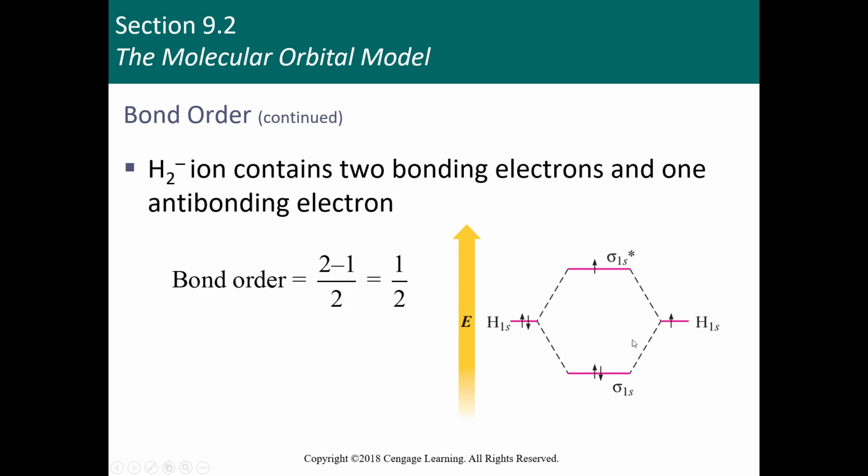So again, we do 2 electrons in bonding orbitals, minus 1 in an anti-bonding orbital, divided by 2, because that's bonds versus electrons, right? There are 2 electrons in every bond. And so we find out that an H2 negative ion has a half bond order.